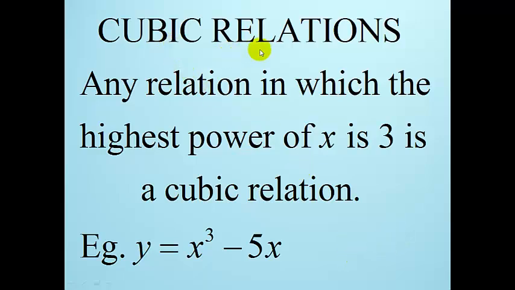Now, cubic relations. Any relation in which the highest power of x is 3 is a cubic relation. Example, y equals x cubed minus 5x. This is a cubic relation where the highest power of x is 3. That makes this relation a cubic relation.